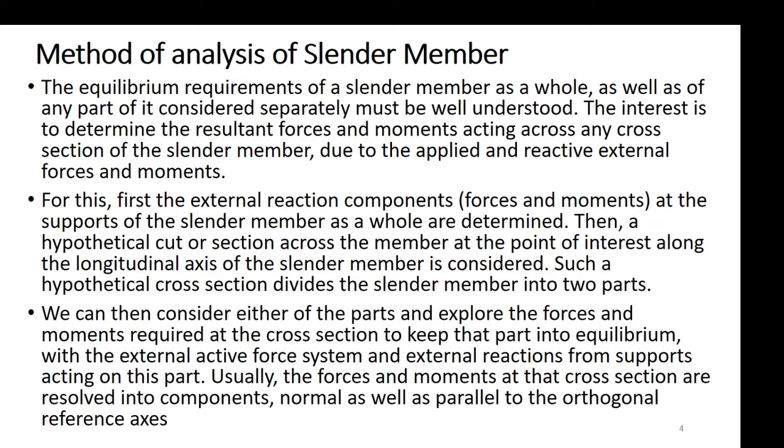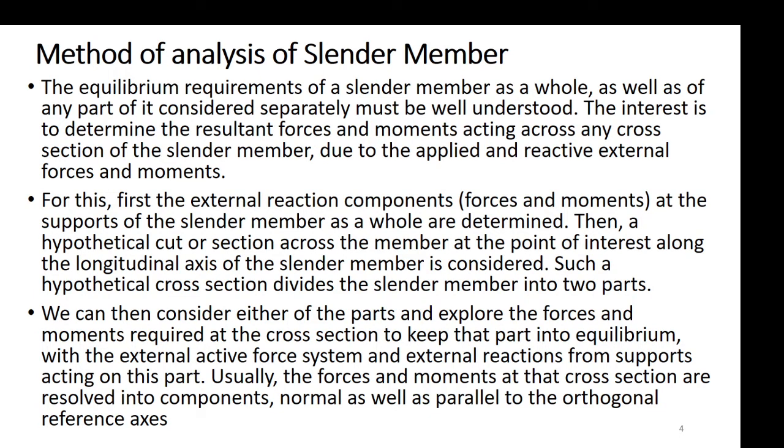A hypothetical cross section divides the slender member into two parts. We can then consider either of the parts and explore the forces and moment required at the cross section to keep that particular part in equilibrium with the external active force system and the external reactions from the support acting specifically on that part.